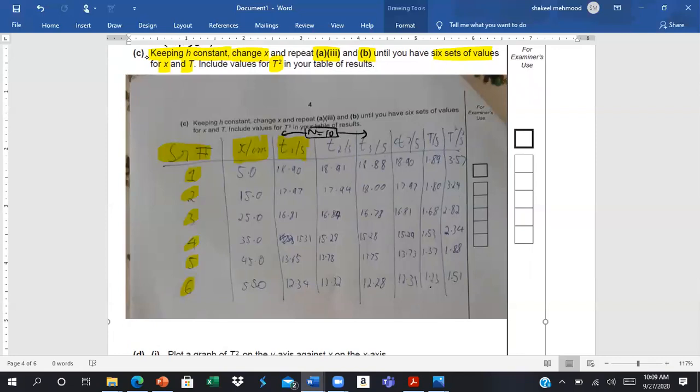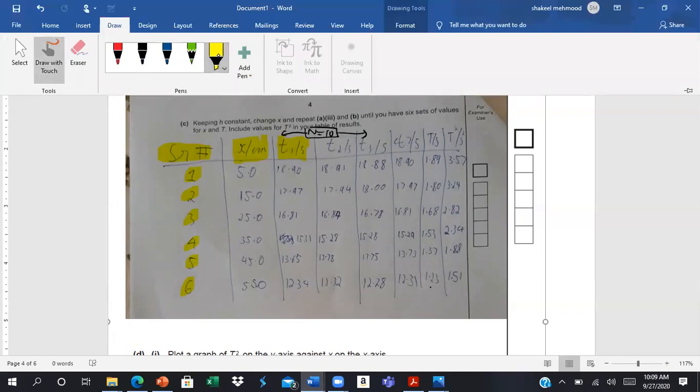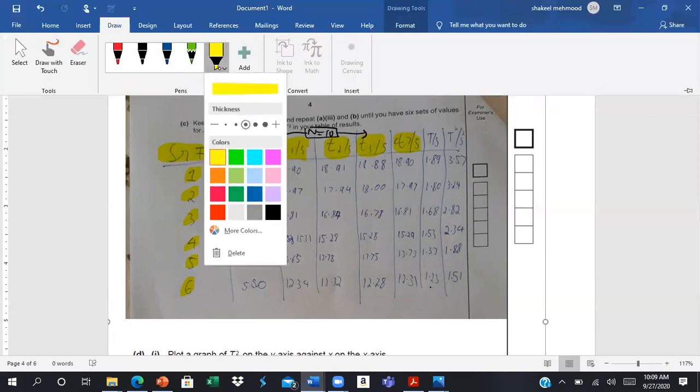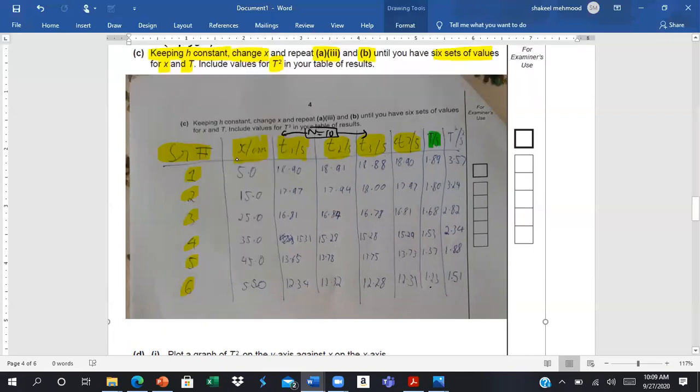Okay, the next one is time, second time for 10 oscillations, and this is the third time, and then beta this is the average time. So till here are your measurements. Then this time period and the square of the time period, these two are your calculations.